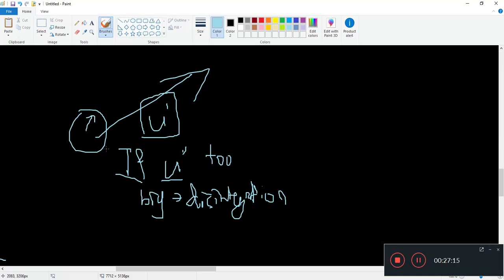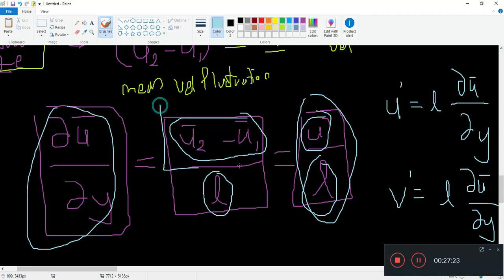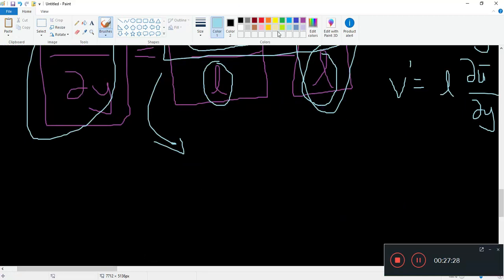So this whole thing, the mixing length hypothesis, only holds true if the ball doesn't disintegrate.